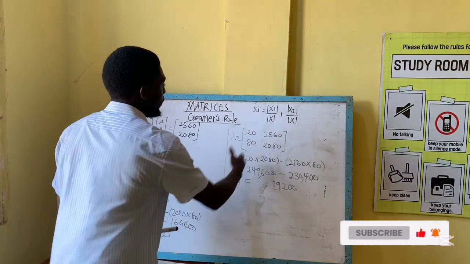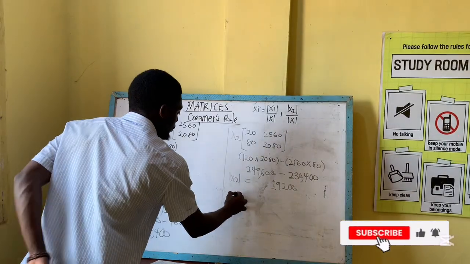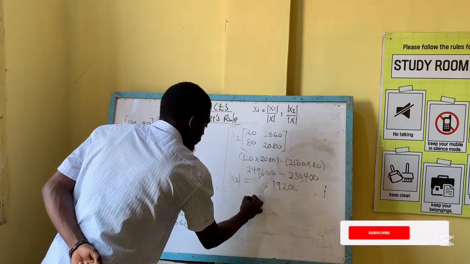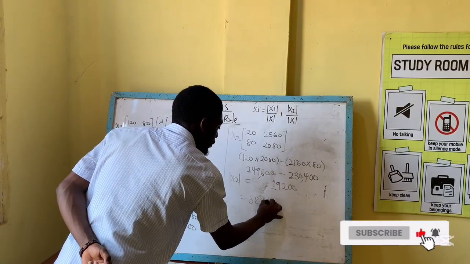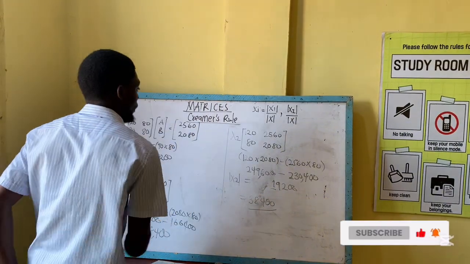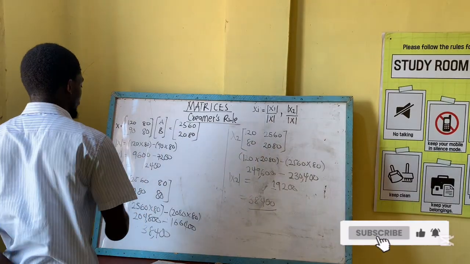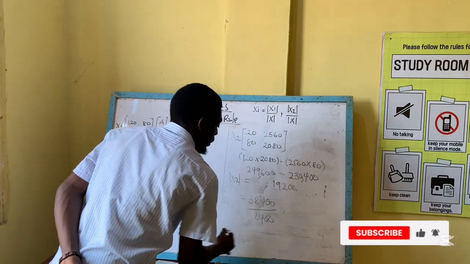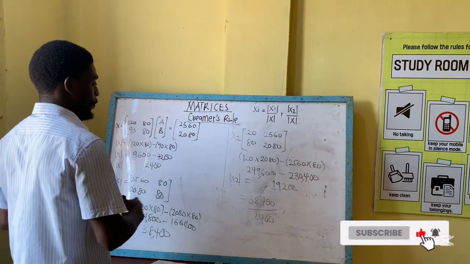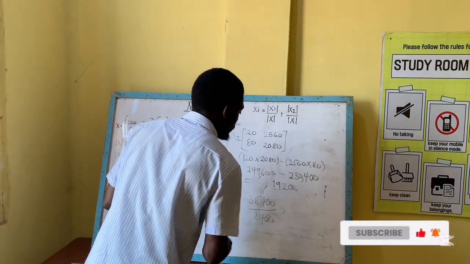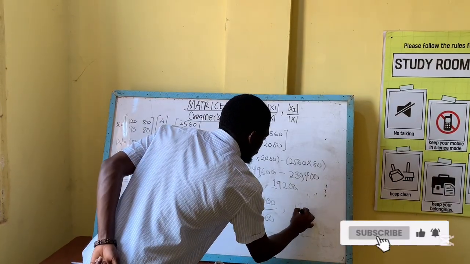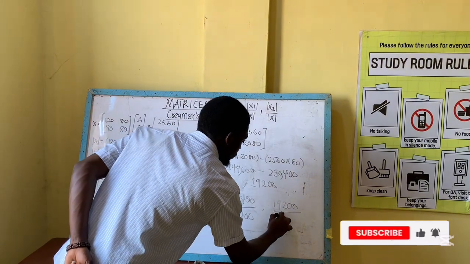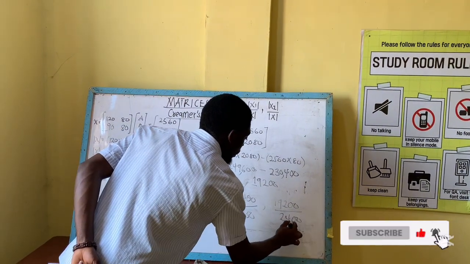So we have our matrix X1, which is 38,400. You divide it by the determinant of the matrix X, which is 2,400, and you have your matrix X2, which is 19,200. You divide it also by the determinant of matrix X, which is 2,400.